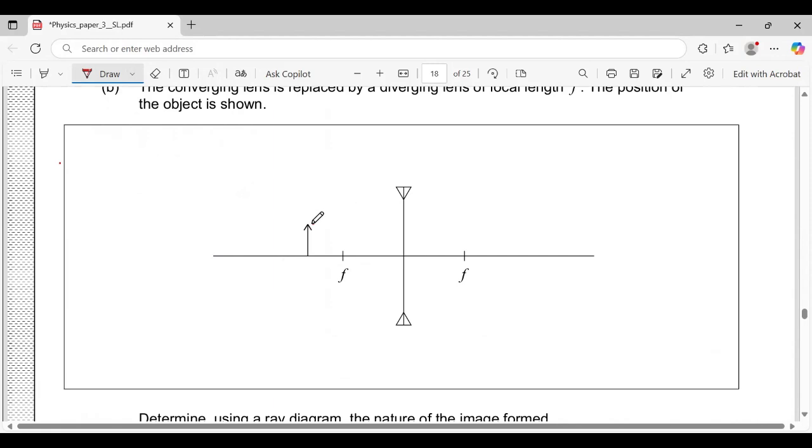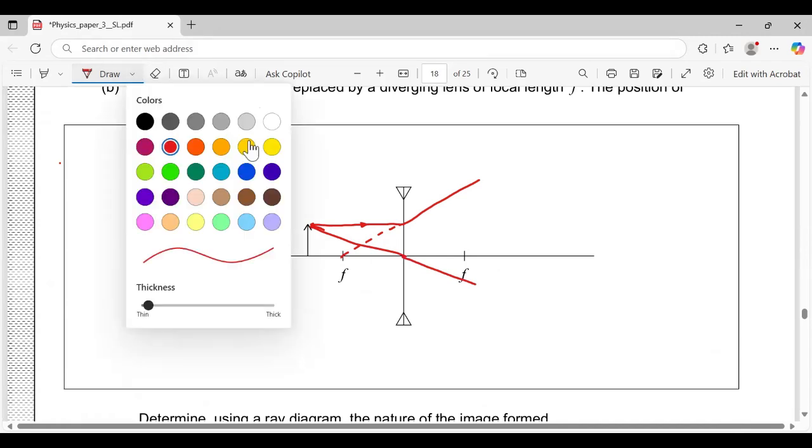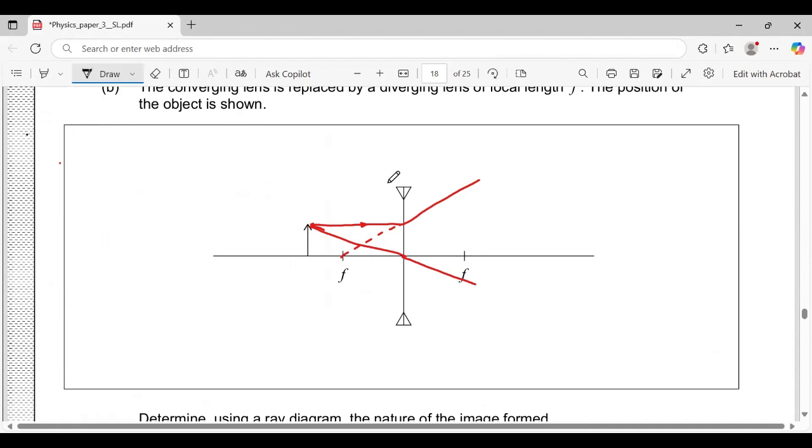So the ray goes to here, and then from this focal point, reflects to there, and after that, a different ray goes through this point, the center, and through here, and the image is here.